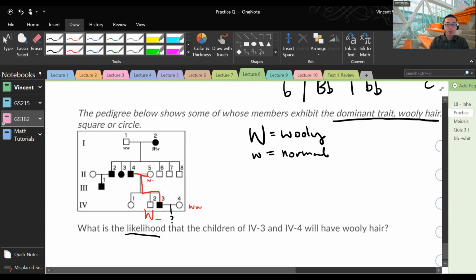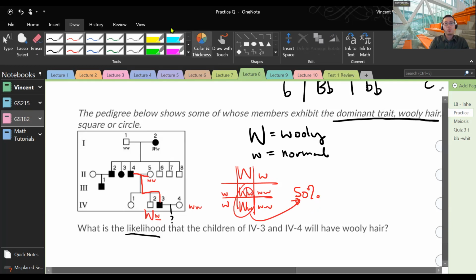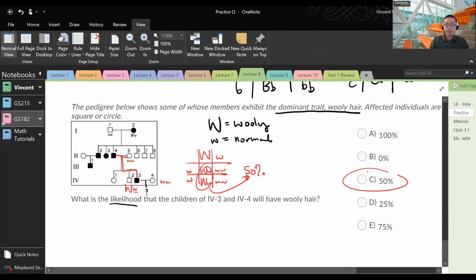Normal hair is small w, which means he is guaranteed to have 1 small w. The big W came from the father. So now we do the Punnett square: big W from this individual, small w from this individual. When we do the Punnett square, we see there's a 50% chance that the kid will have the woolly hair. The answer is 50%.